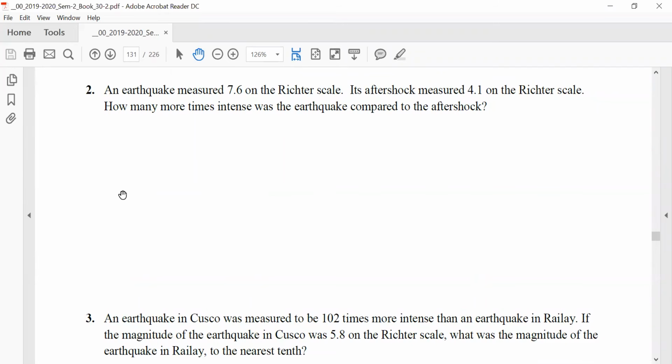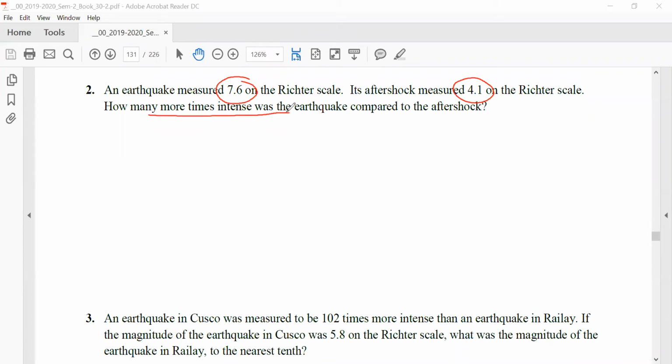Let's look at example number 2. There's always lots of reading in these. Usually we're comparing two things together. It says we've got one earthquake measuring 7.6, with an aftershock, which is always weaker, at 4.1. How many times more intense?